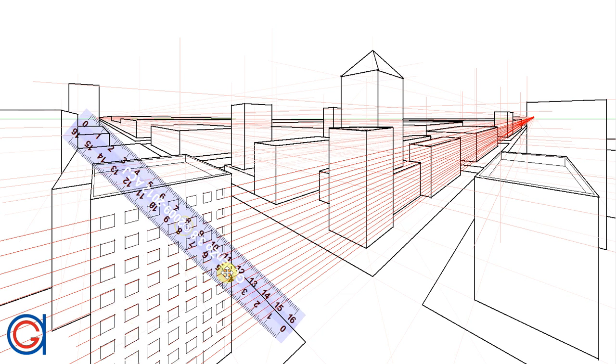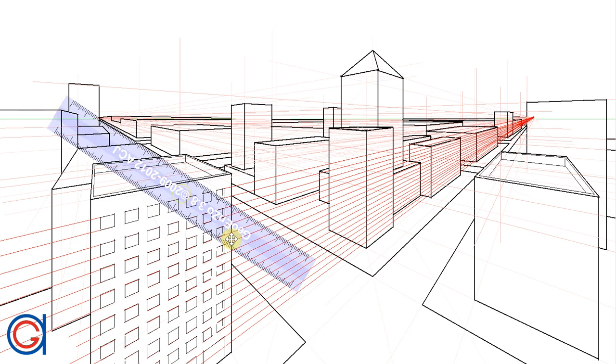Next, we are going to draw the wall thickness of each window, which will give the building features more of a three-dimensional effect.